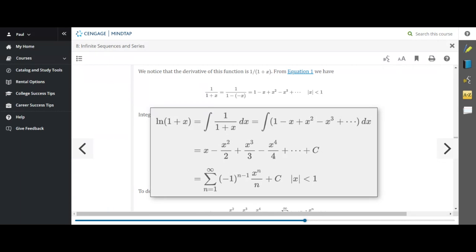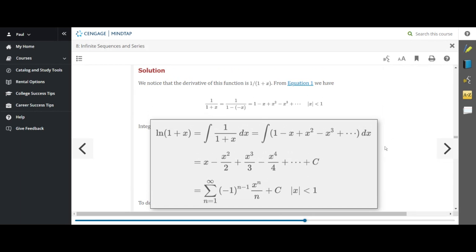Well, 1 over 1 plus x can be written as the power series that they show above: 1 minus x plus x squared minus x cubed and so forth.